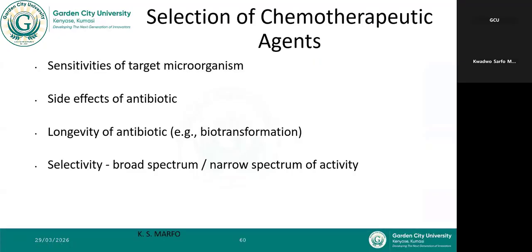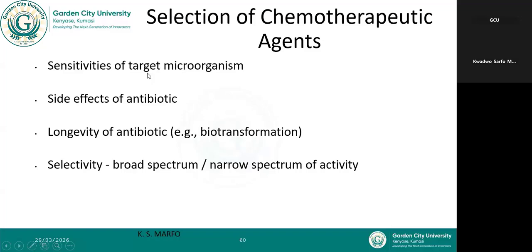So the selection of these agents for killing or inhibiting the growth of microorganisms has to do with the target organism. If the organism is naturally resistant to the agent, why would you go ahead to prescribe?